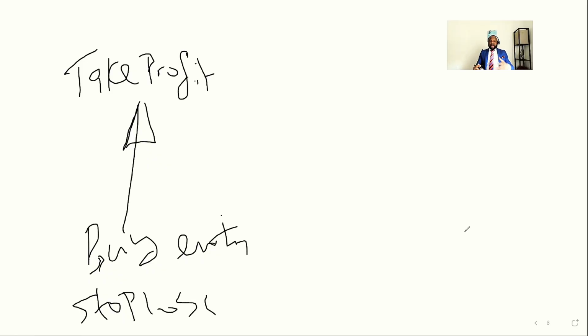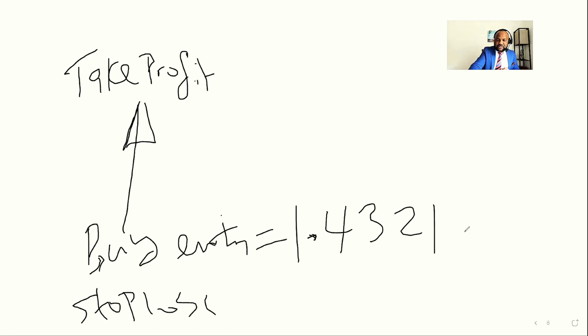This is what we did yesterday as well. So I wish to go long. I wish to perform this operation on a particular asset of my choice. Maybe Euro USD, maybe gold, maybe S&P 500, whatever. Let's say Euro USD, and the entry price, the current price that I want to get in at, is 1.43210.